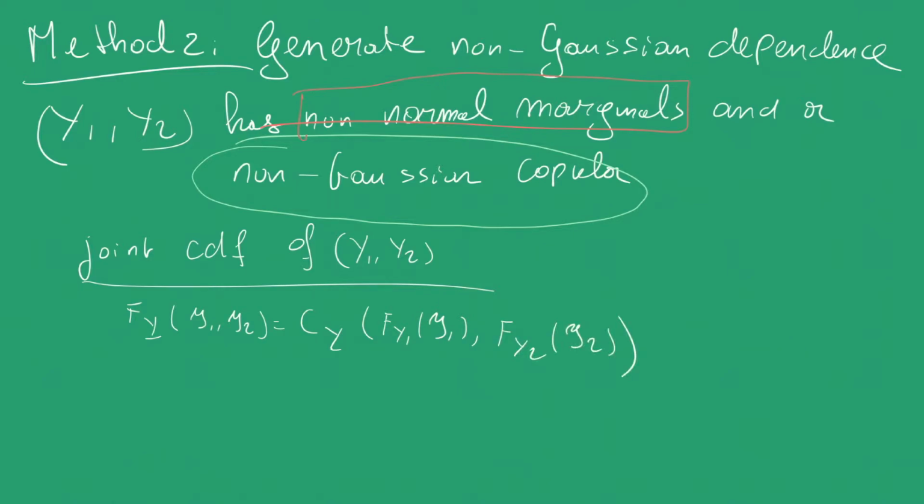So this is the expression for the joint CDF of the random vector y, and the copula that models the dependent structure of y1, y2, I denote by Cy. And this copula Cy can be expressed using the joint CDF and the marginals as follows.